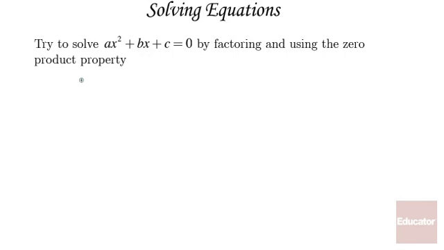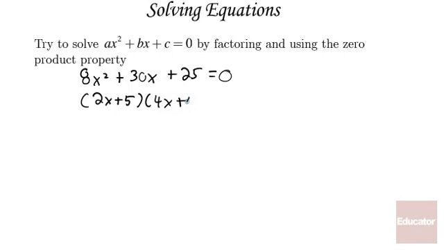For example, if I had, say, 8x squared plus 30x plus 25 equals 0, I could go ahead and factor using the method that we learned today. And if I did that, I would come up with 2x plus 5 times 4x plus 5. We will be practicing these in just a minute on the example, but right now just illustrating what to do after you've factored. So you factor and then solve using the zero product property.